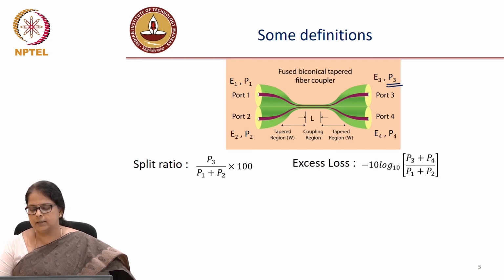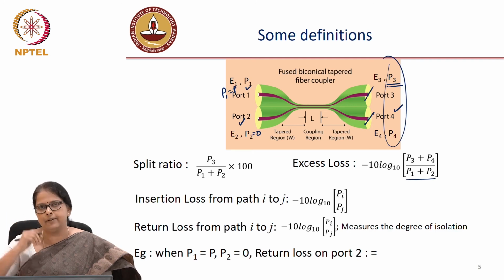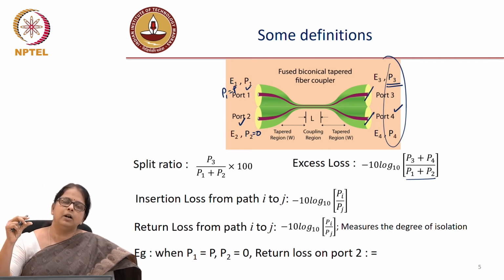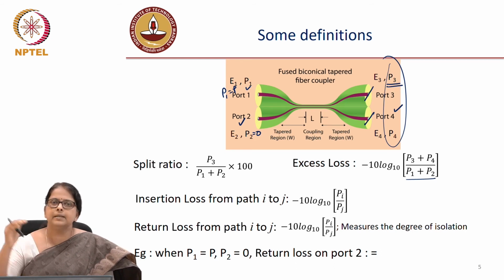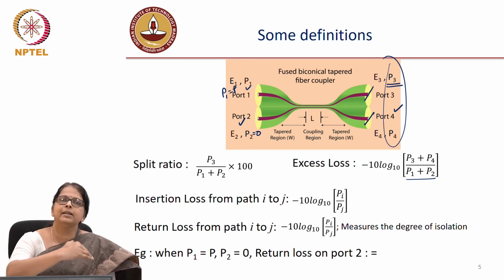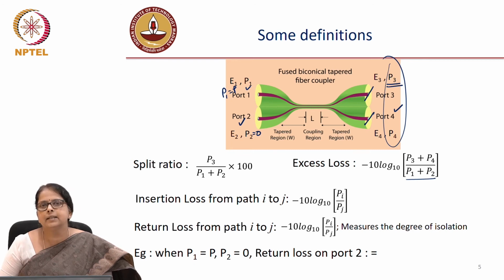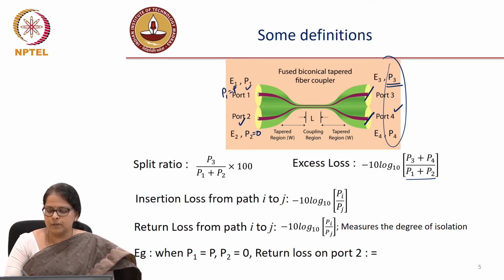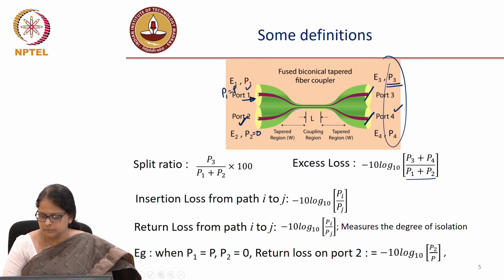Excess loss is because of the error in fabrication. If the tapering process is not really perfect, some amount of power gets coupled back into port 2, and that is return loss. So when you terminate the output ports, the power appearing in this port when you send a certain power in port 1 is your return loss.